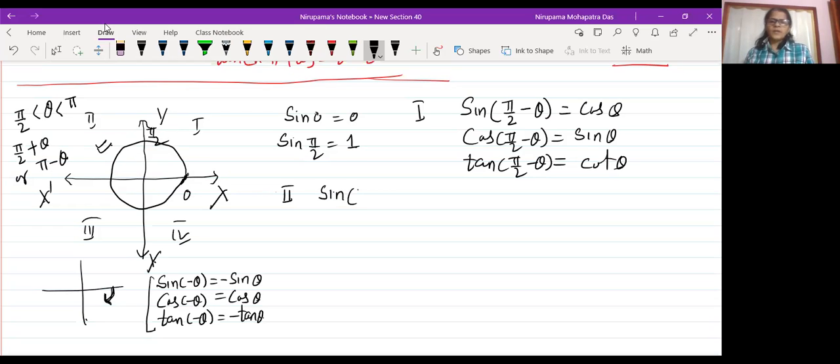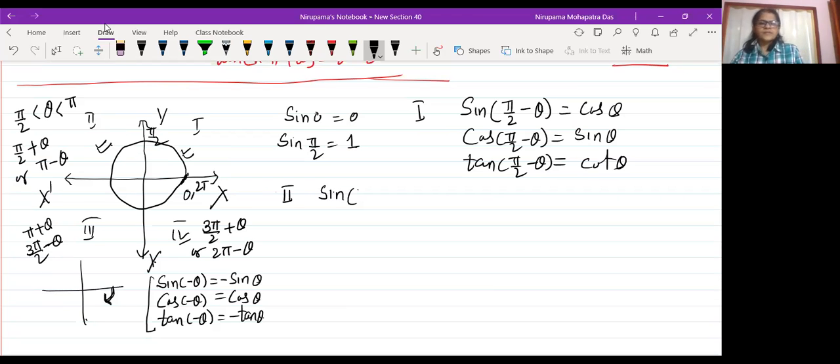More than pi by 2 means pi by 2 plus theta; less than pi means pi minus theta. Similarly, an angle in the third quadrant can be taken as pi plus theta or 3 pi by 2 minus theta. In the fourth quadrant, this can be taken as 3 pi by 2 plus theta or 2 pi minus theta. Again you go back to the first quadrant, where we are completing 2 pi, so it will be 2 pi plus theta.